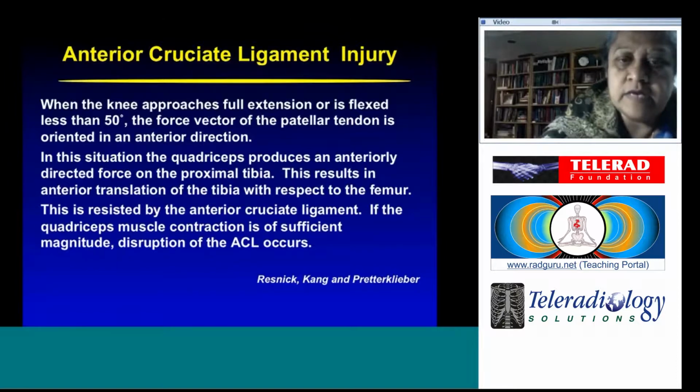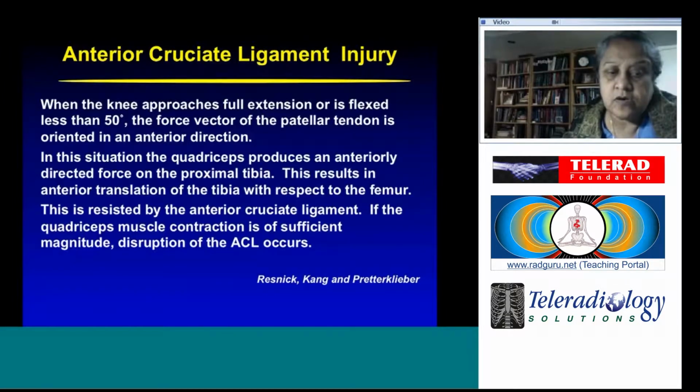In this situation, the quadriceps produces an anteriorly directed force on the proximal tibia, which results in the anterior translation of the tibia with respect to the femur. This is normally resisted by the anterior cruciate ligament. If the quadriceps muscle contraction is of sufficient magnitude, we get a disruption or injury to the anterior cruciate ligament.